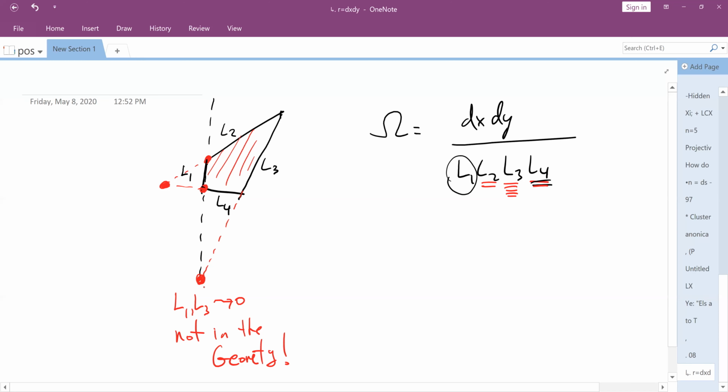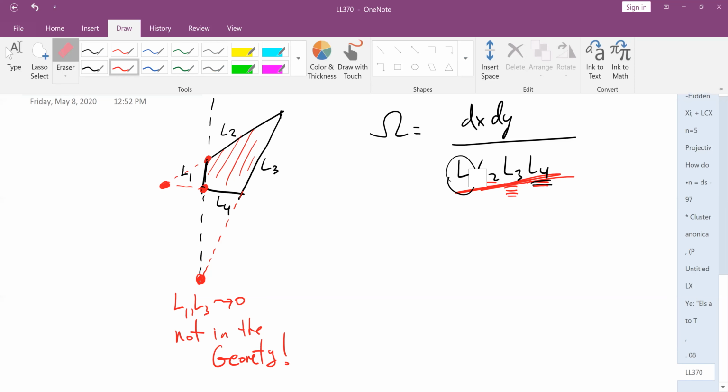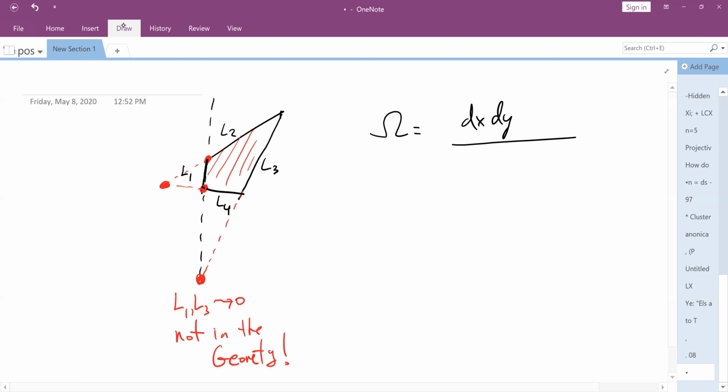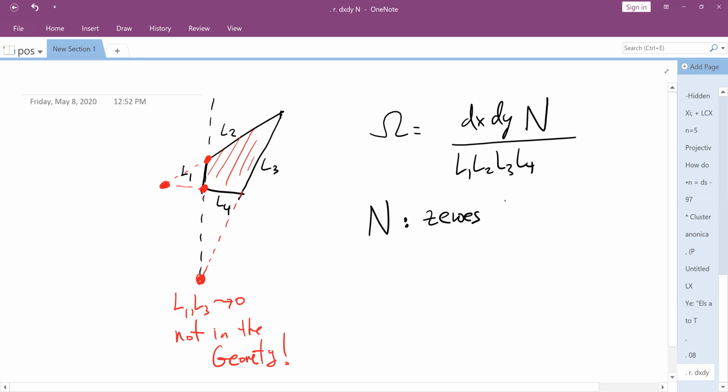So what is the solution? The solution is that there has to be an interesting numerator to this form. So if we go back, I have to have L1, L2, L3, L4 with some numerator. And that numerator needs to have the property that it has zeros on these two bad points, where L1 intersects L3 and where L2 intersects L4.